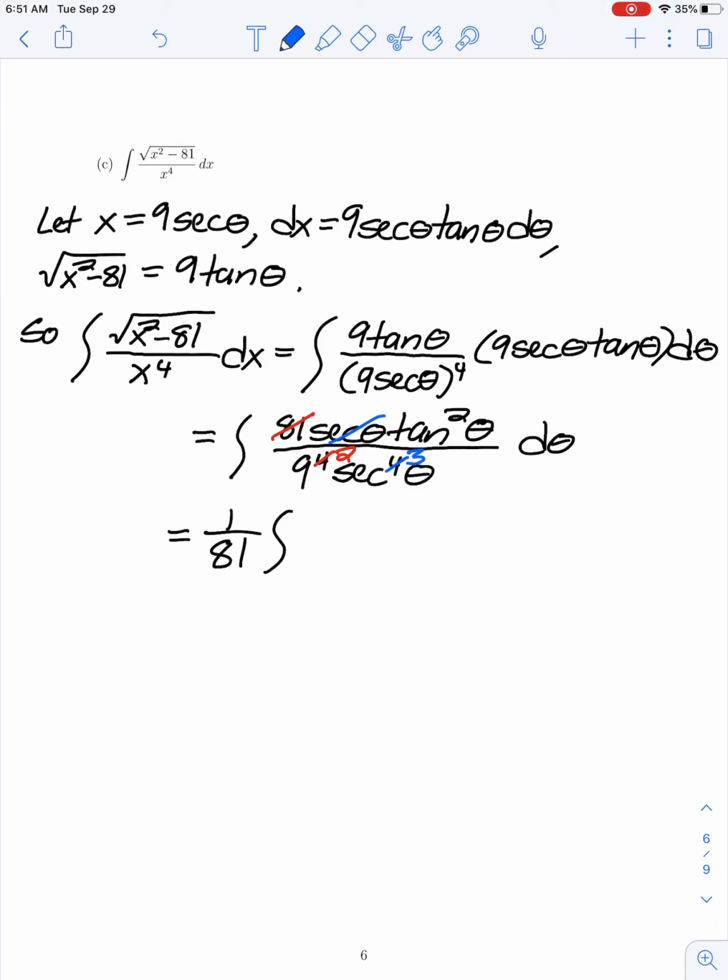So if I cancel 1 power, I'm left with a secant cubed theta in the denominator. So let's see what we've got. We now have a tangent squared theta over secant cubed theta d theta.